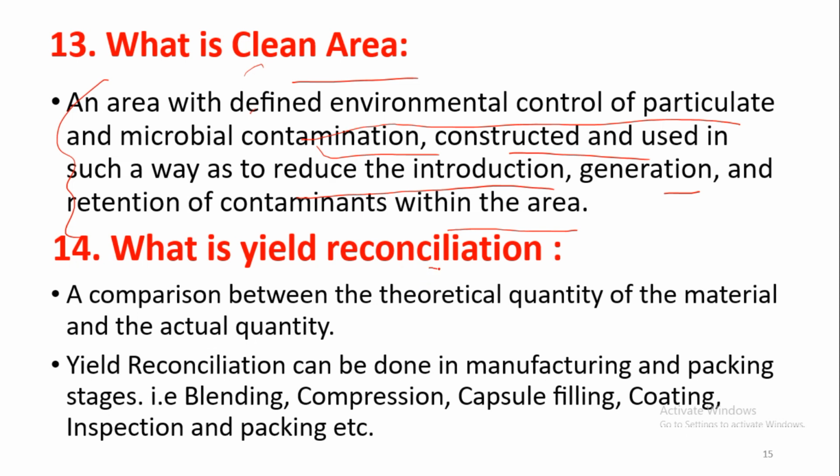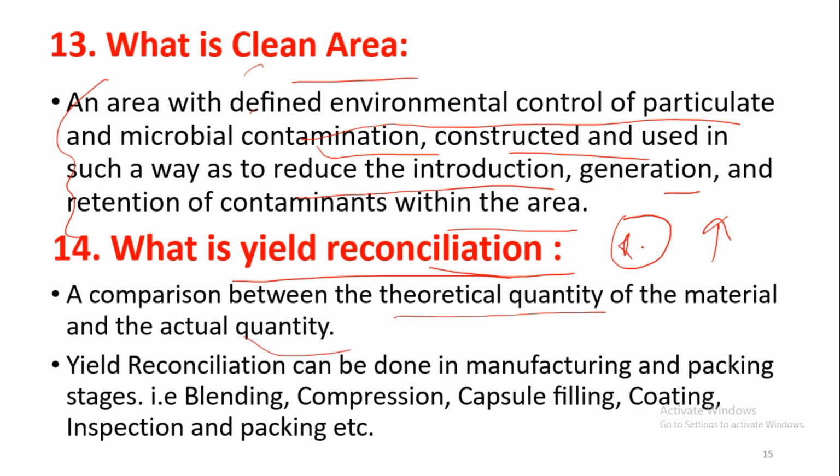What is yield reconciliation? This is also asked because in tablets and capsules, when we are using our raw materials, the manufacturer or the senior people from the production department are interested in how much finished product we get. It is a comparison between the theoretical quantity of the material and the actual quantity, right?